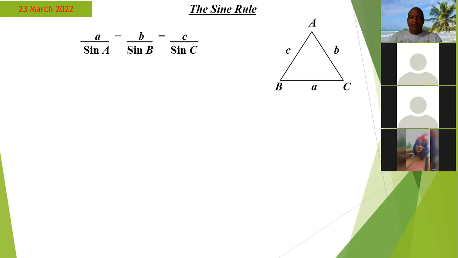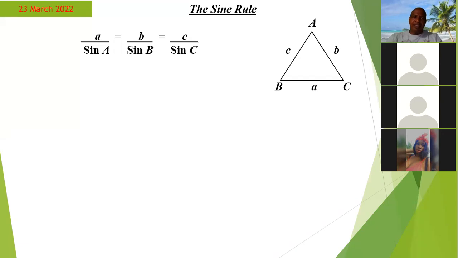All right, so this is what the sine rule is saying. Here we have equations that relate the side of the triangle with the angle that it is opposite to.